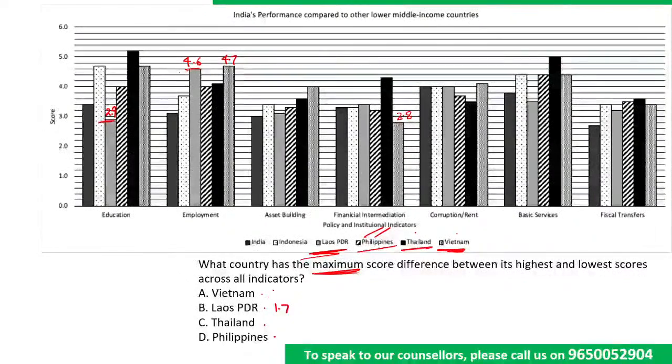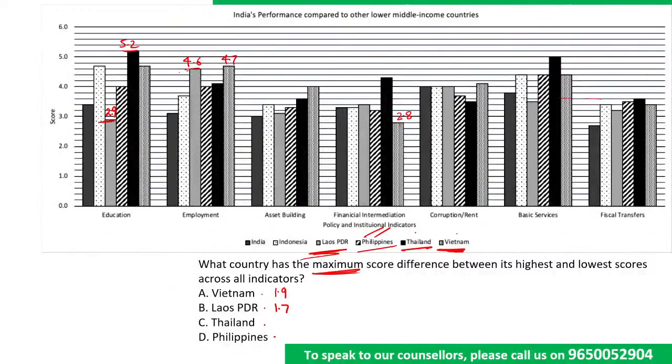So in this case, the difference is 1.9. For Thailand, the highest is obviously this one, which is 5.2, and for Thailand, the lowest is, I think this was the lowest, or is there any value lower than this?